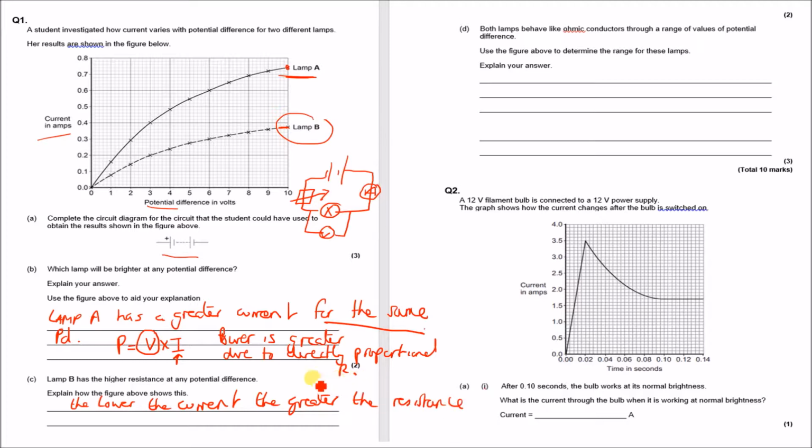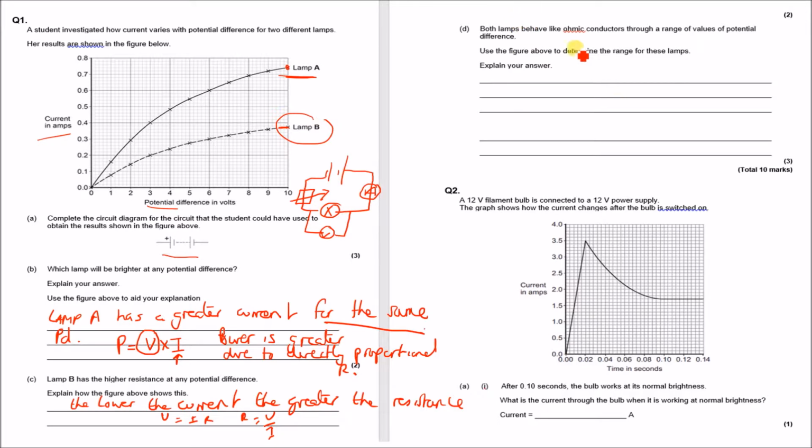Okay, now if you remember that V is equal to IR, so R is equal to V over I, these two things are inversely proportional to each other. And because of this inversely proportional relationship, if we increase the current, we must decrease the resistance. That's what this relationship is telling us.